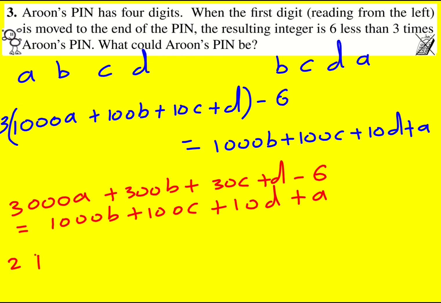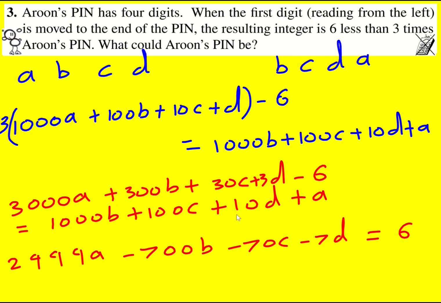So it's going to be 2999A minus 700B minus 70C. I forgot to times that D by 3 there, hopefully you spotted that. So minus 7D equals 6.